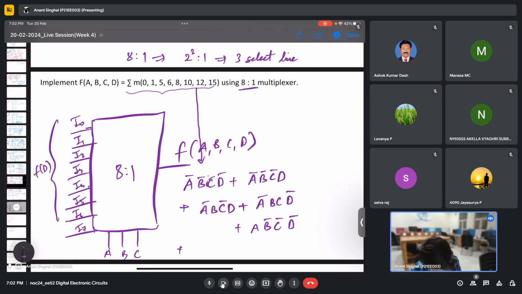What is left? 10. 10 is 1, 0, 1, 0. 12 is 1, 1, 0, 0, and 15 is basically everything.